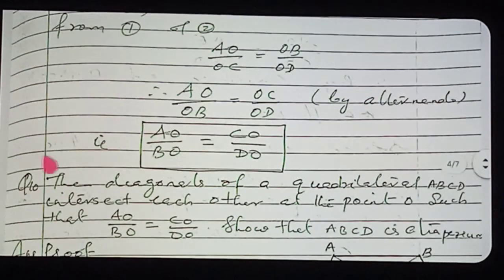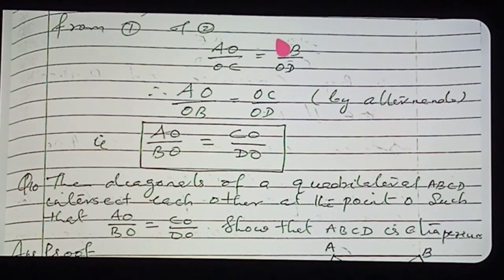See here. You got AO by OC is equal to OB by OD. But you want AO by OB, or AO by BO. How can we bring this BO here? I already explained and gave the rules. Which rule will we apply? Alternate, which means you interchange.